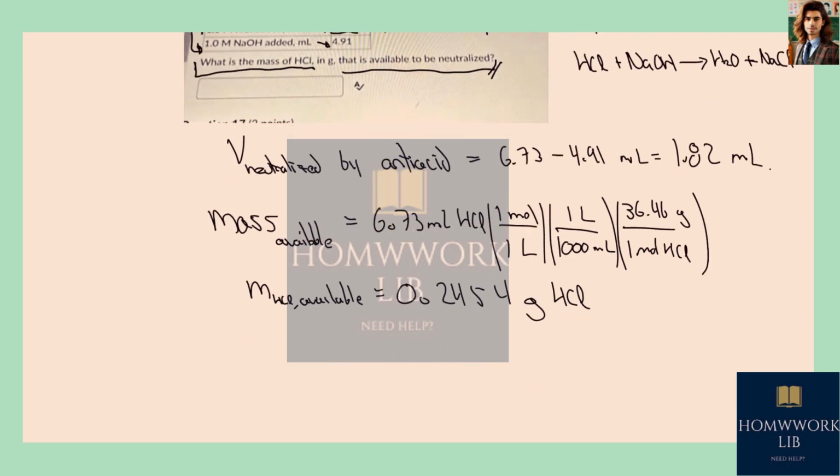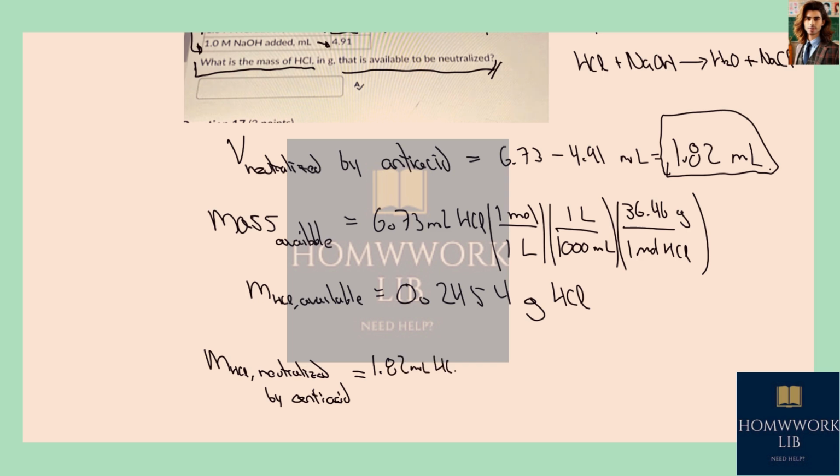Now, the mass of HCl neutralized by the antacid would be equal to the volume that the antacid actually neutralized, 1.82 milliliters of HCl, multiplied by 1 mole over 1 liter, the conversion of liters into milliliters, and multiplied by the molecular weight.